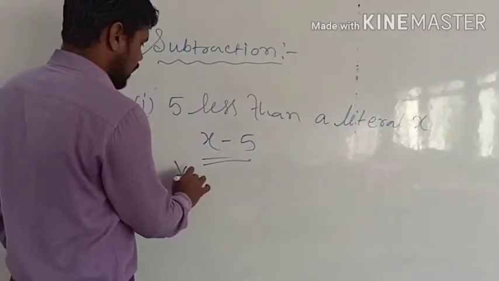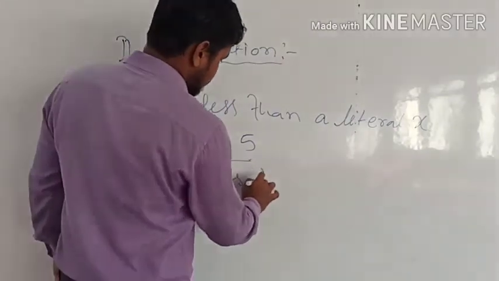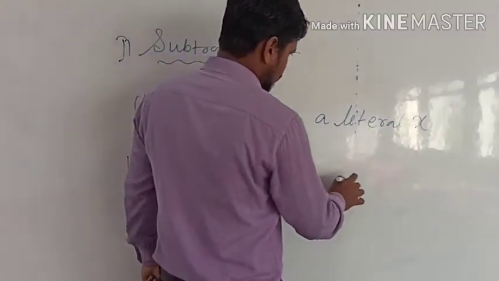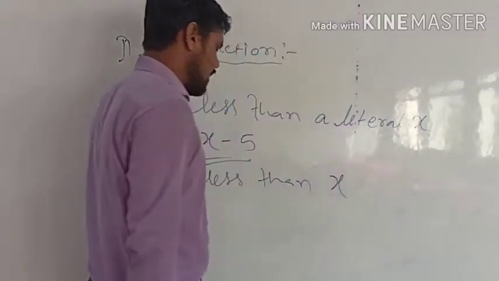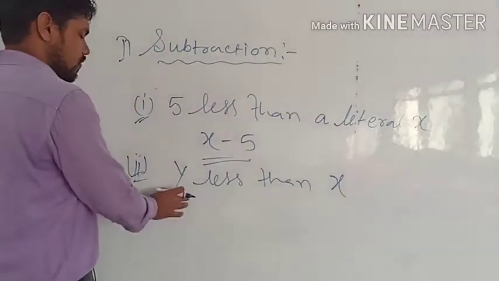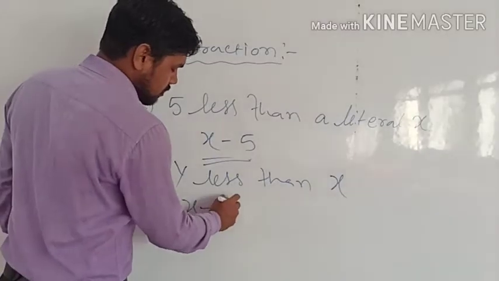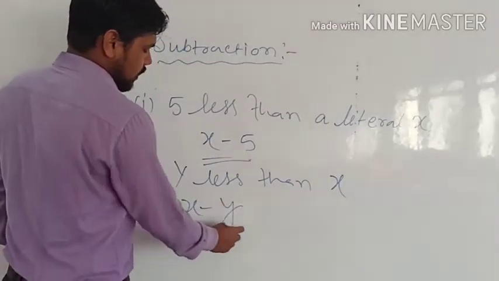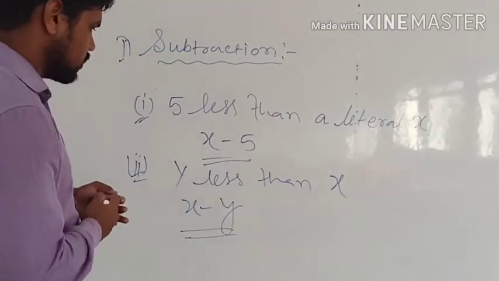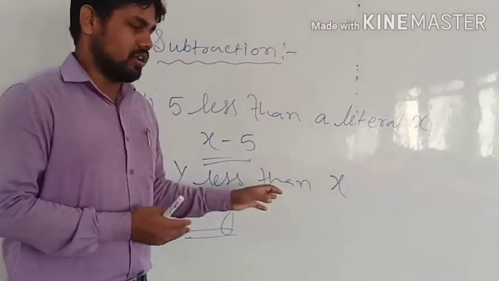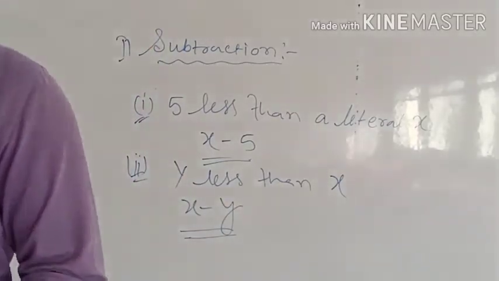Suppose y less than x. Definitely from x we subtract y, so x minus y. This will be the required algebraic expression. This is all about the case of subtraction.